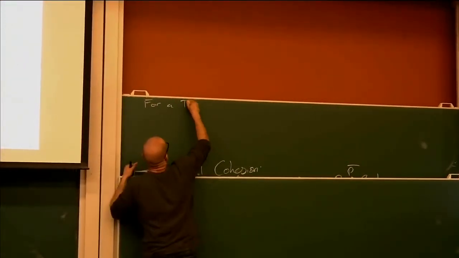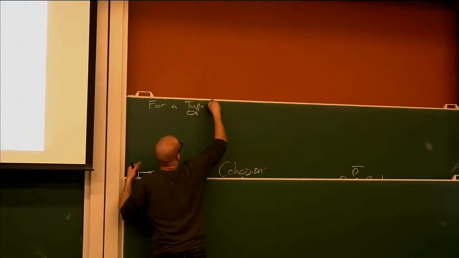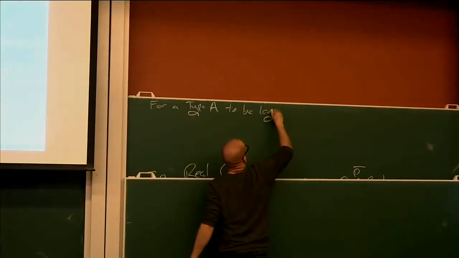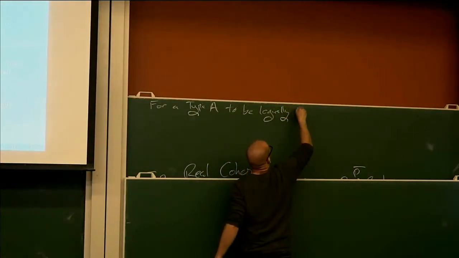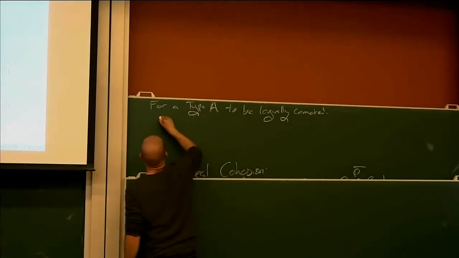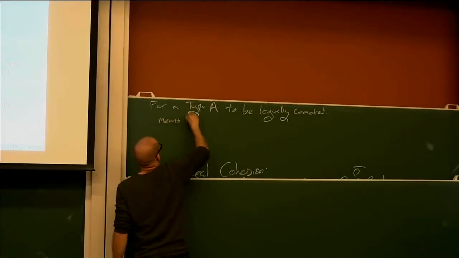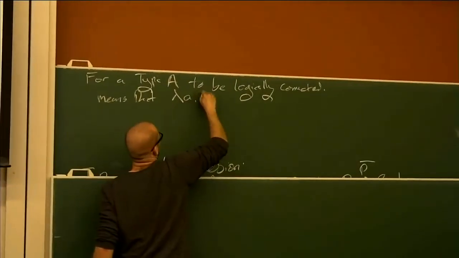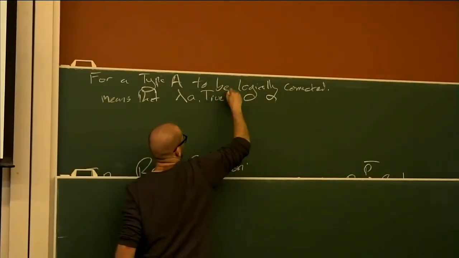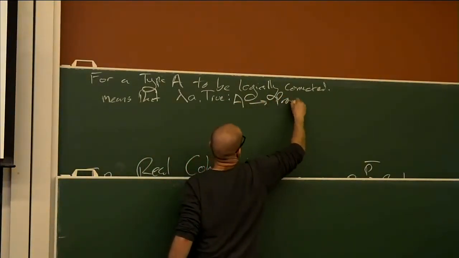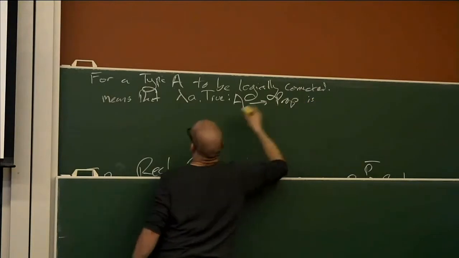So for a type A to be logically connected, that means that lambda A. true, which goes from A to prop, is logically connected.